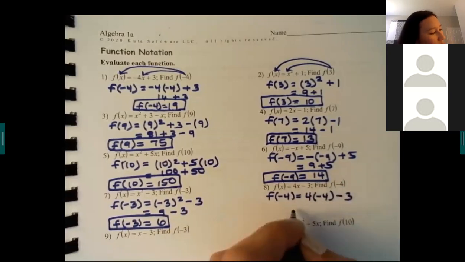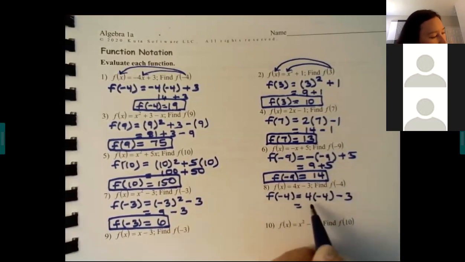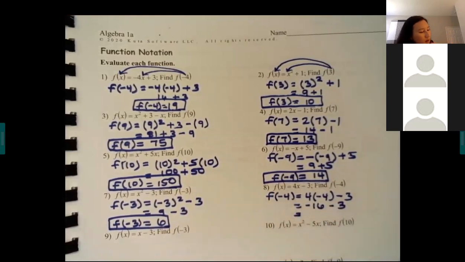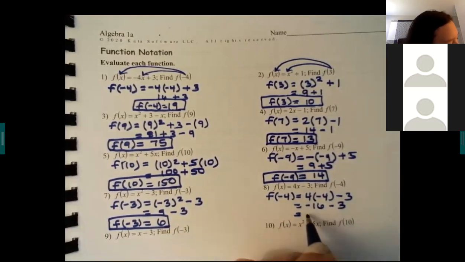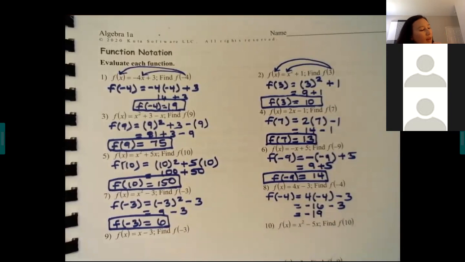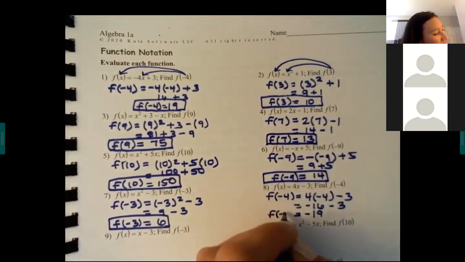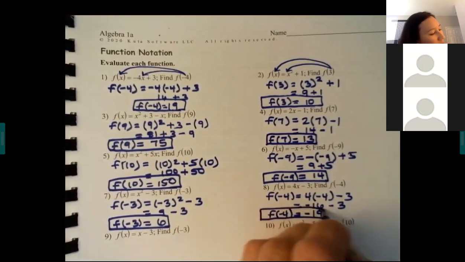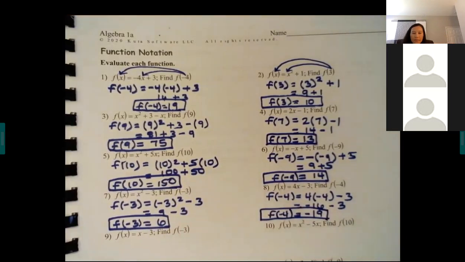And then you simplify the 4 and then -4. Yep, which is -16 minus 3. Very good. -19. Excellent. Yep. And -16 minus 3 is -19. You've got it. So f of -4 equals -19.